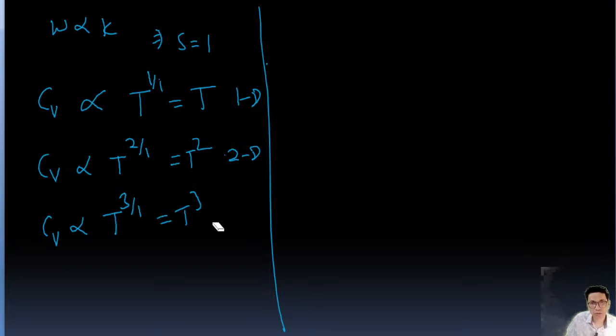So in 1D it is T, 2D it is T square, and 3D it is T cube, if omega is linearly proportional to K.